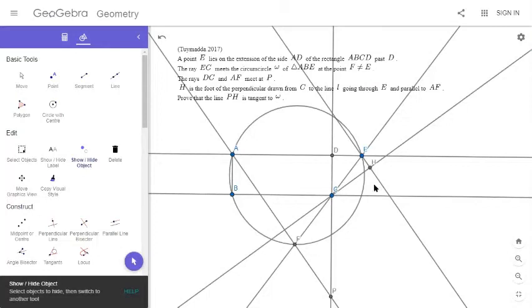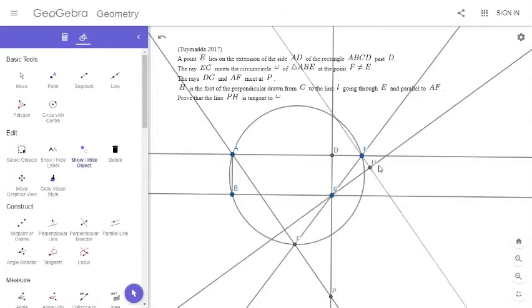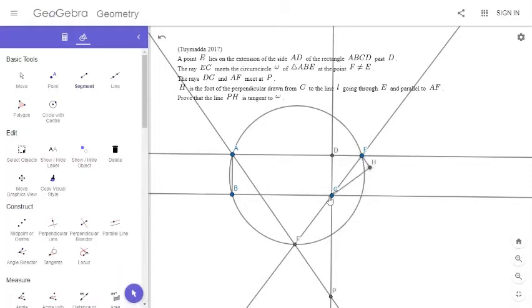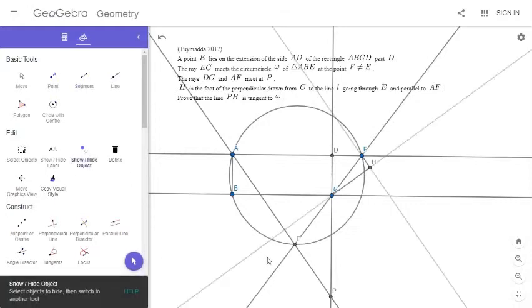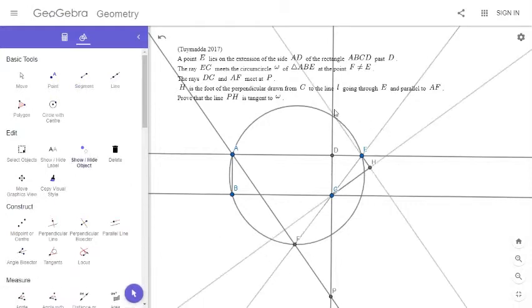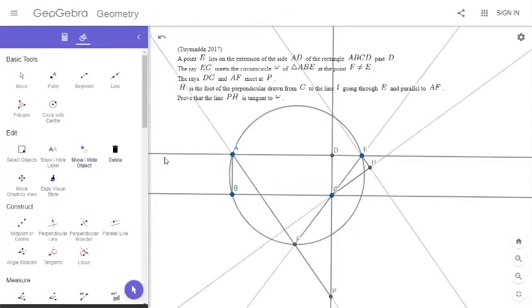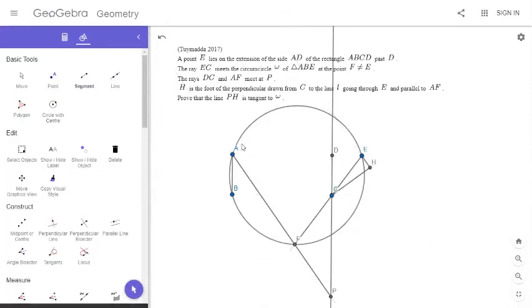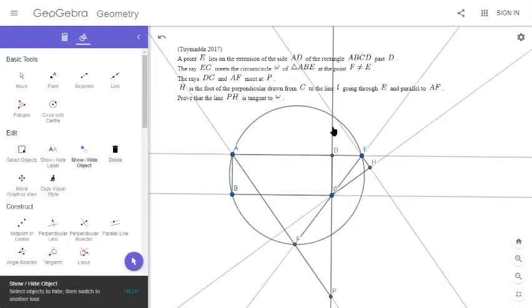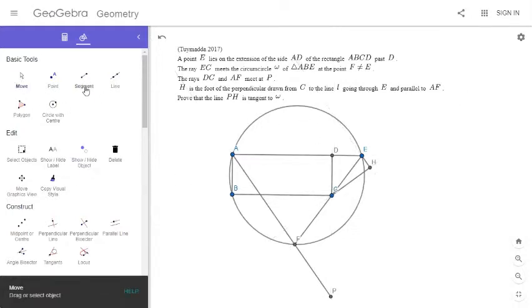So I will hide some stuff. I haven't even drawn PH yet. Okay. So EH is parallel to AP.